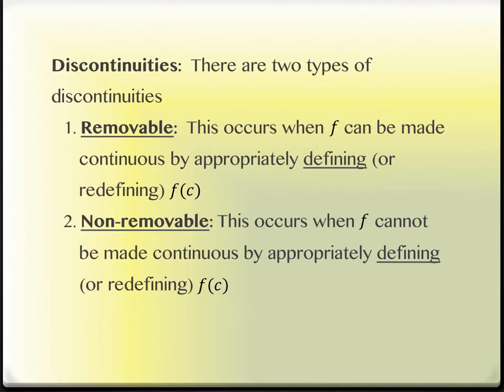Okay, so we have encountered in both problems 2 and 3 above 2 different kinds of discontinuities. One of them is called removable. Removable occurs when f can be made continuous by appropriately defining or redefining the y value.